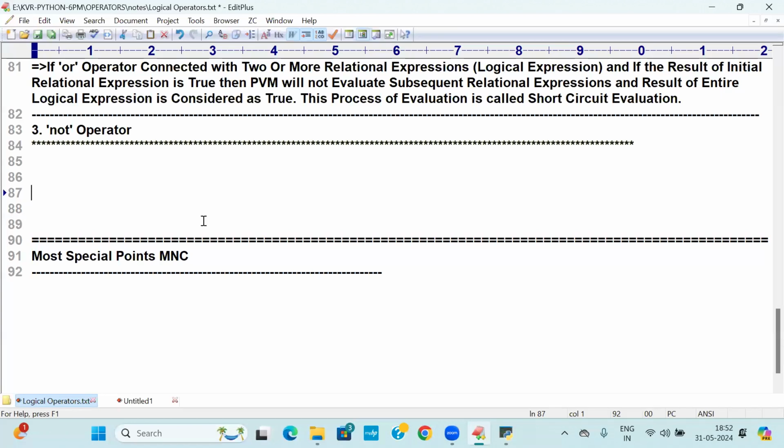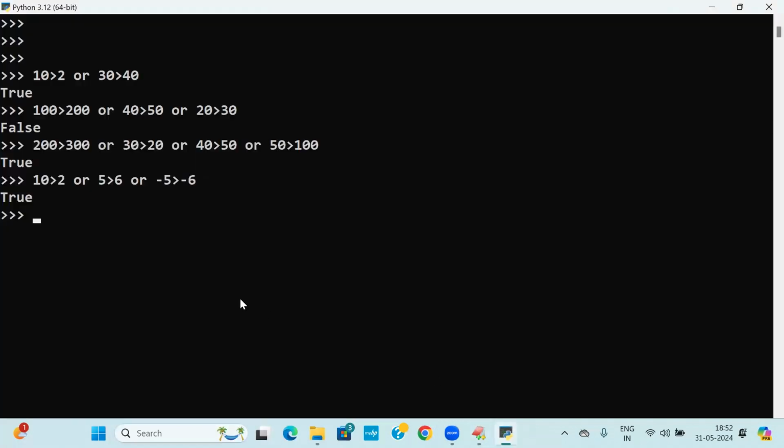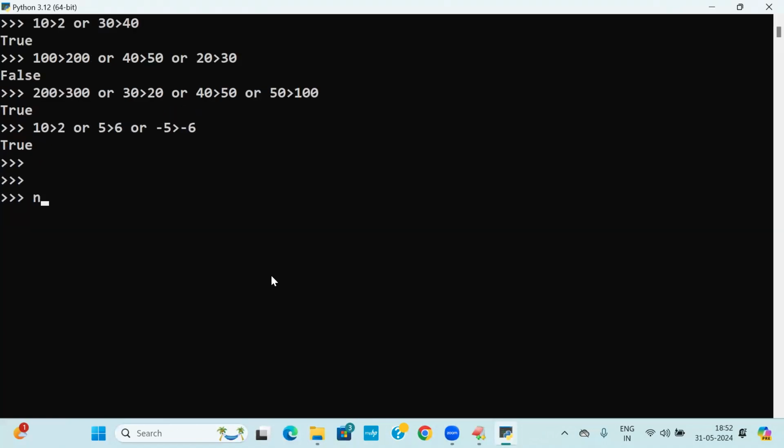Not false, true. Students, here I am writing. Not true. What is the answer? False. Not false. True. What is not? Opposite result of existing result is called a not. I'm saying read the notes. You're not reading now. That is called a not.